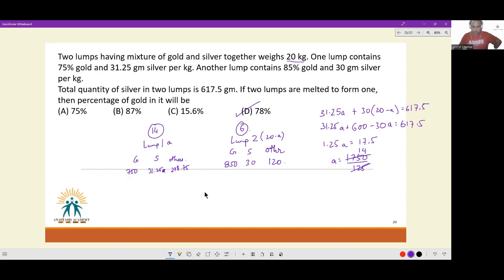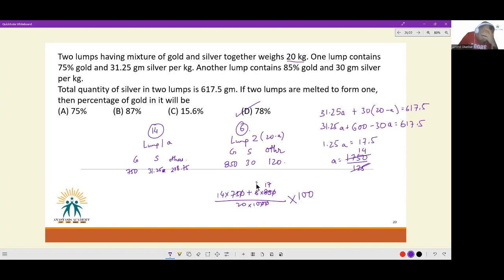So the purity of gold will be 14 into 750 plus 6 into 850 by 20 into 1000 into 100. This is the purity of final gold that we have. 14 kgs at 750 grams, 6 kgs at 850 grams, and 20 kgs of 1000 grams. So let us do maths. I can get rid of zeros. I can also get rid of another 0 as long as I divide this by 5, so it gets to 17.